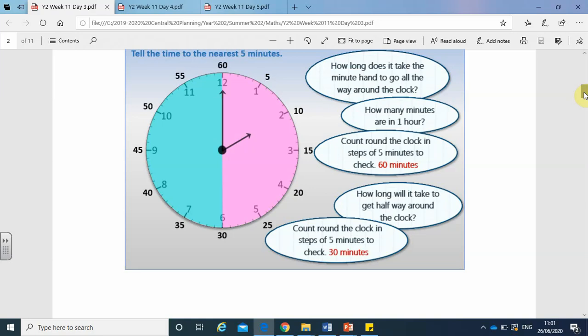How many weeks in 1 month? Tricky one. There are 4 weeks in 1 month. Mostly. How many weeks in a year? There are 52 weeks in a year.